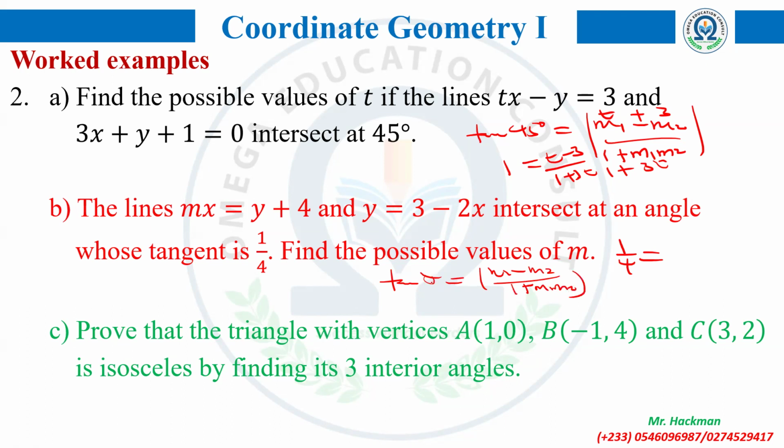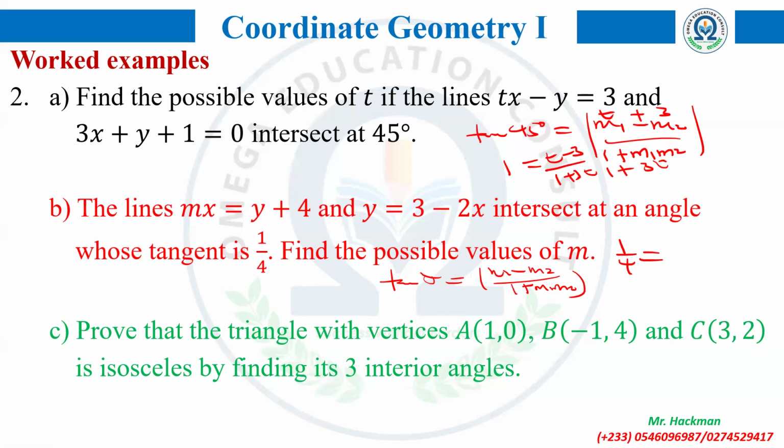But here the question didn't give you theta, you don't know theta. The question gave the tangent of the angle between them, which is tan theta. So though I don't know theta, I know the whole of tan theta, which is 1/4. That is what you replace here. M1 will be M, M2 will be -2. You substitute, then you solve the resultant equation.